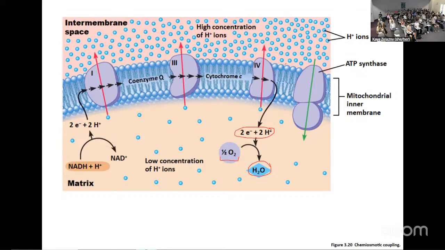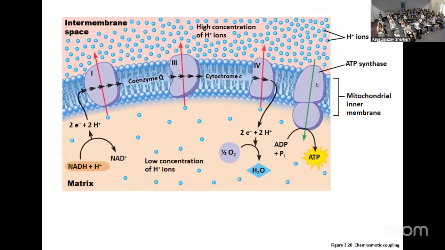To use this buildup of hydrogen ions, we have to allow movement. I think of this like a wind turbine making energy or a water wheel, right? This is what's happening as we allow these hydrogen ions to flow through ATP synthase, this enzyme at the end.